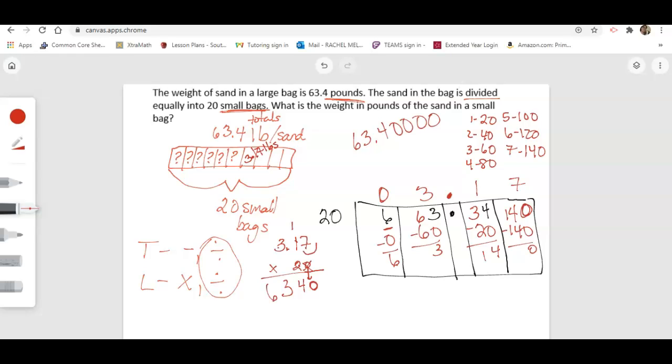If I count over, I have 2 place values here, and this was a whole number. So I start from the right and go over 2 place values, and there's my 63 and 4/10 that I started with. So we did do that correctly.